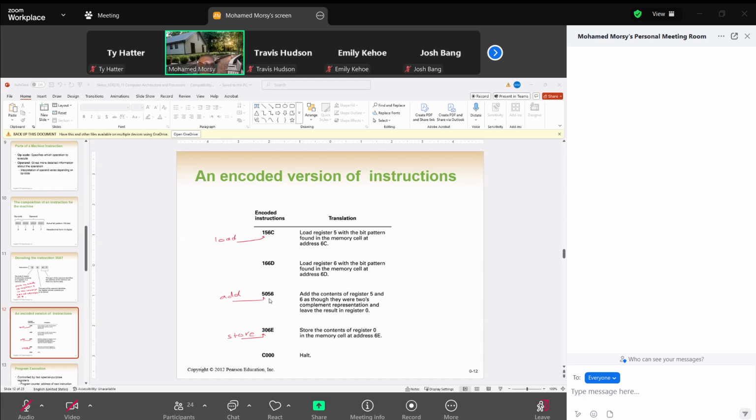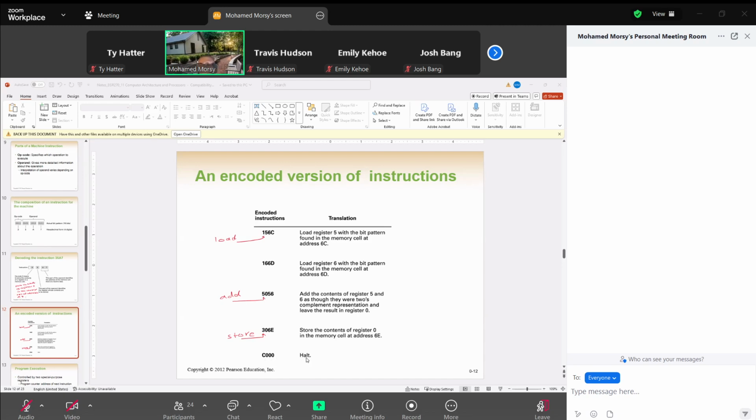The contents are in 2's complement representation, so add them and store the result in register 0. 306E means store the contents of register 0 in the memory cell at address 6E.